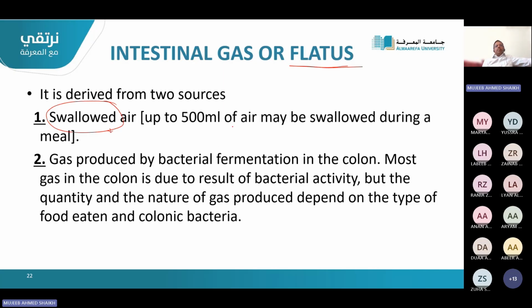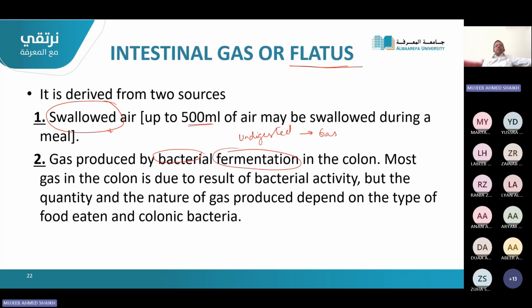Maybe around 500 ml of air goes in every time you take a meal. The second source is that it is produced by bacterial fermentation. The action of bacteria on different types of undigested food in the colon can lead to the production of gas.